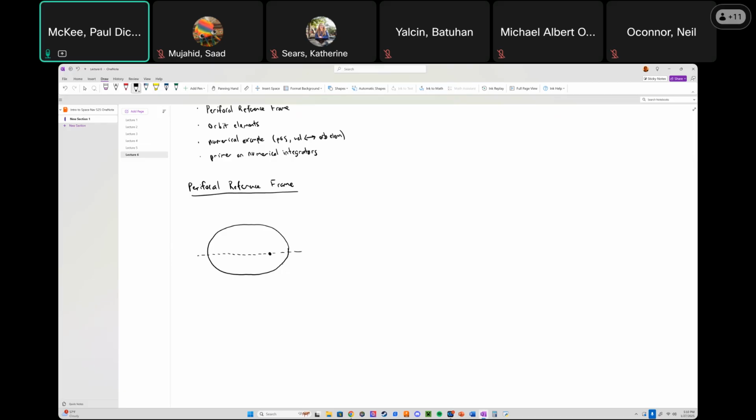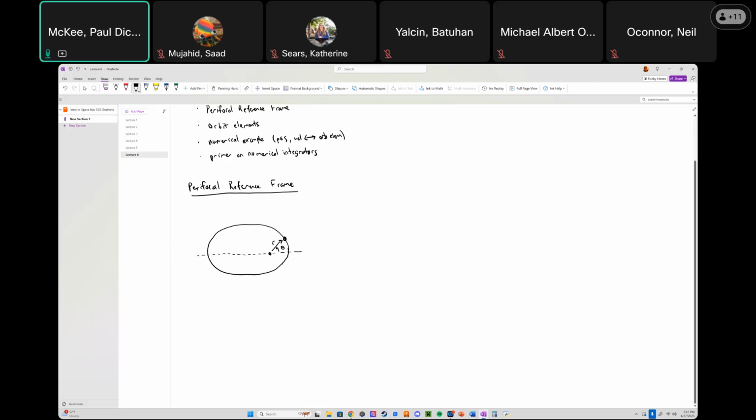And let's say that we've got some body which is orbiting the central massive body, which is right here. And so the vector from the central massive body to the orbiting body has some distance r and some angle theta. That angle theta is our true anomaly, right?